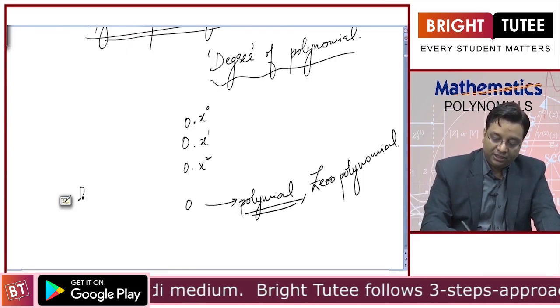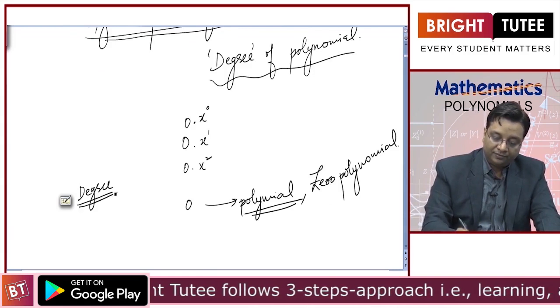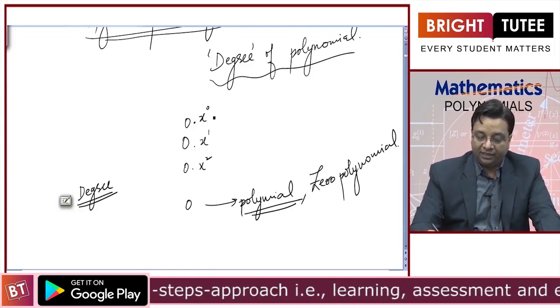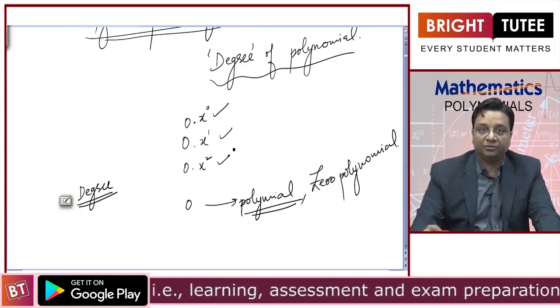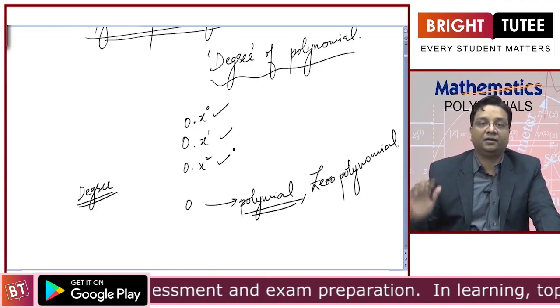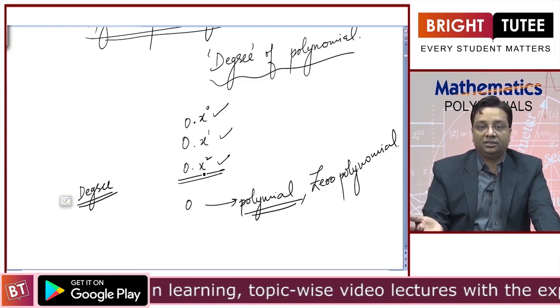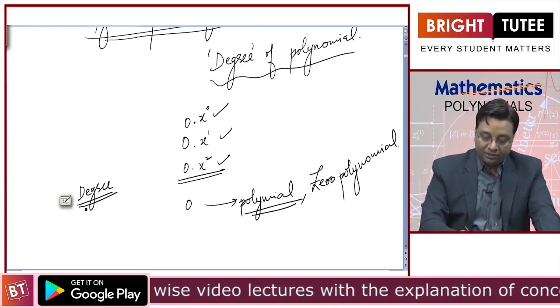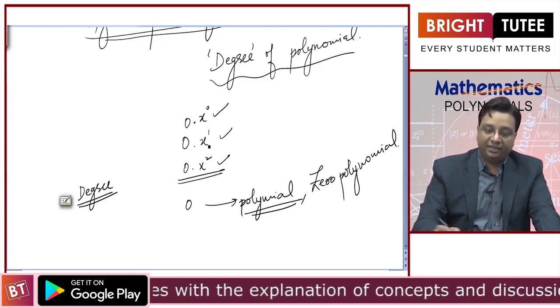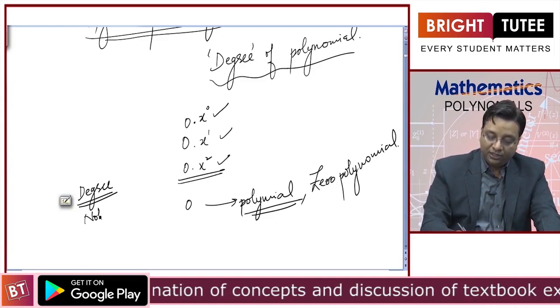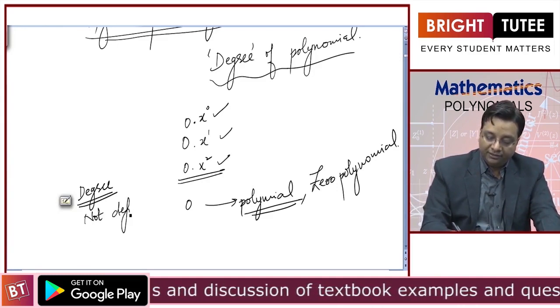Now, if I ask you what is the degree of this polynomial, I can write it in this form, this form, or keep increasing the powers of x. It will still be 0, right. 0 into something is 0. So, degree cannot be defined in this case. Degree of a 0 polynomial is not defined.